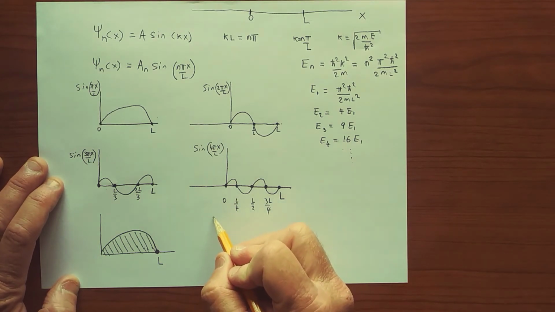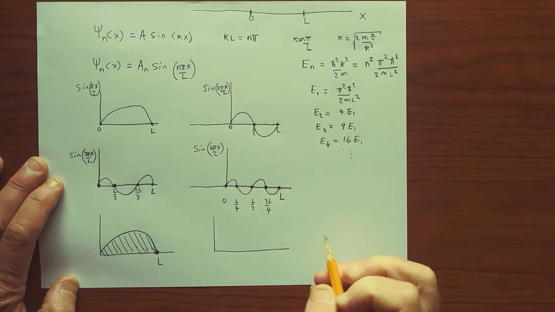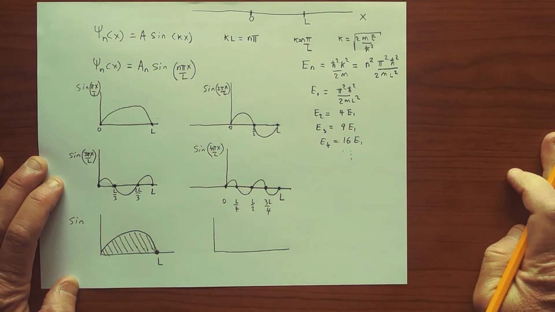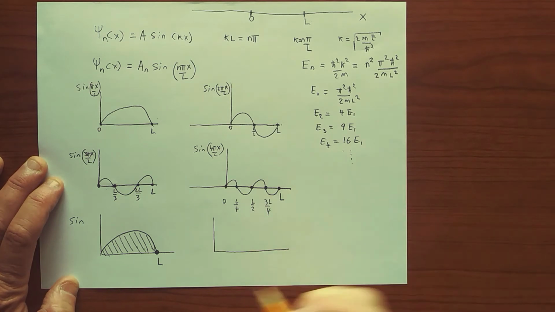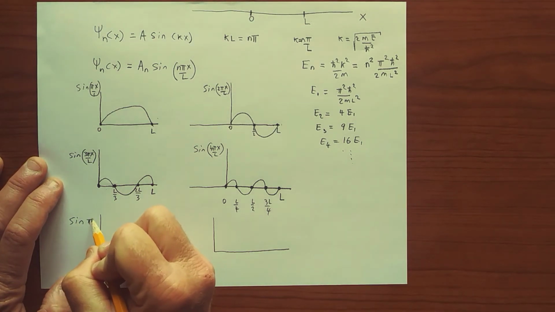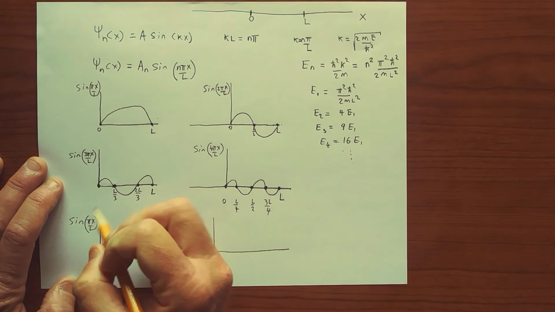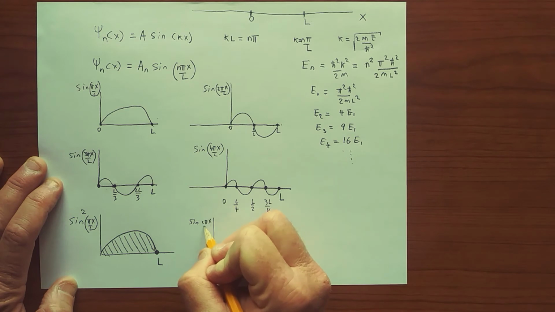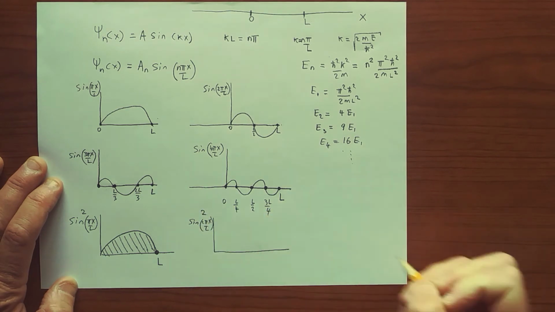But if we do the same thing for the function, so this is sine, this is pi x over L, or sine squared. Let's consider sine of 2 pi x over L squared.